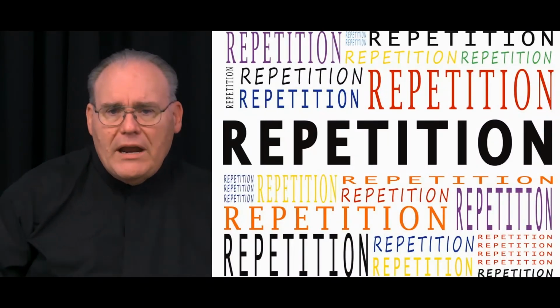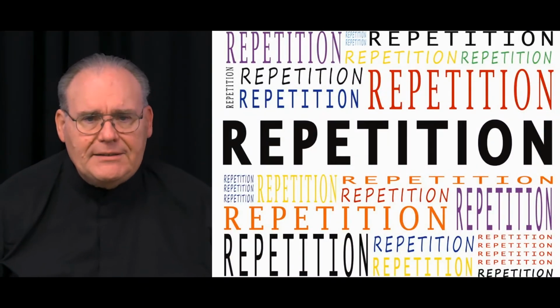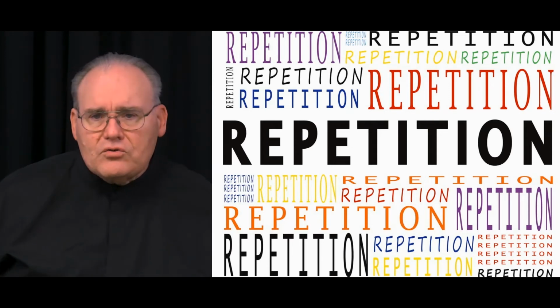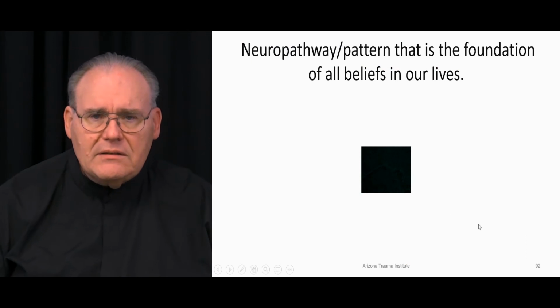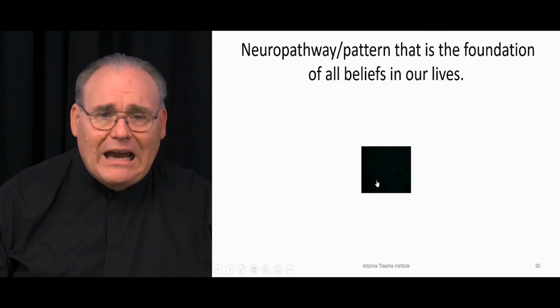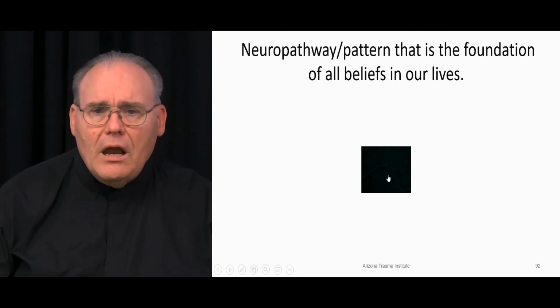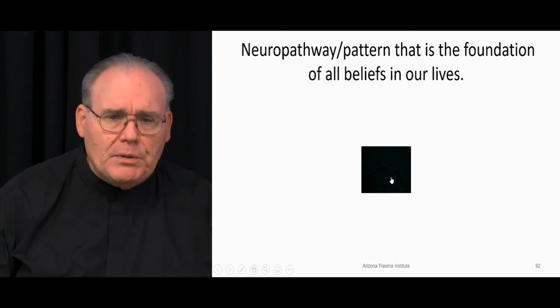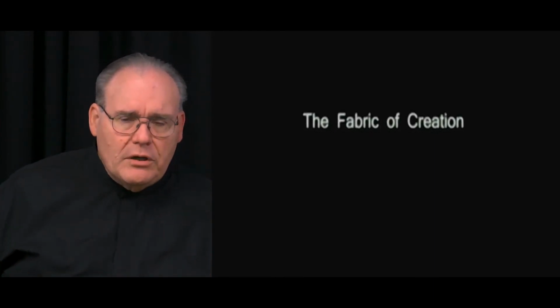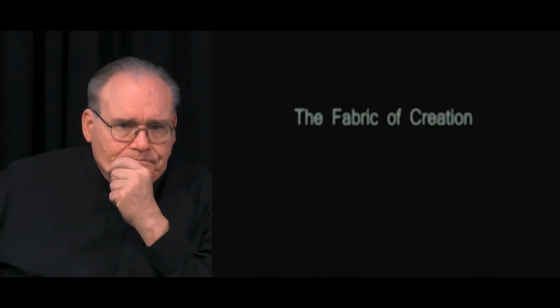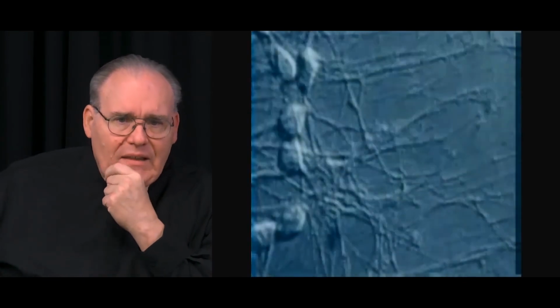And the more I repeat it, the more repetition that occurs, the stronger it becomes. And then what happens is that I am building an entire neural pathway around my automatic responses. And a neural pathway looks like what I'm going to show you right here. That's a neural pathway.